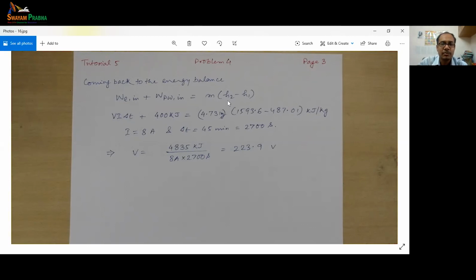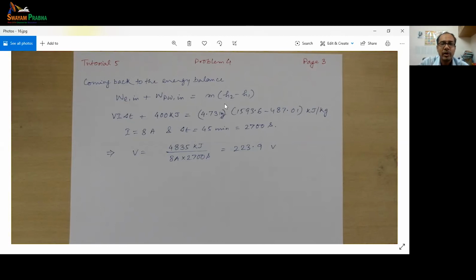Everything is known here except the term V I delta T. For this term, the current is given to be 8 ampere and delta T is 45 minutes, which you have to convert to seconds to be consistent. That's 2700 seconds.